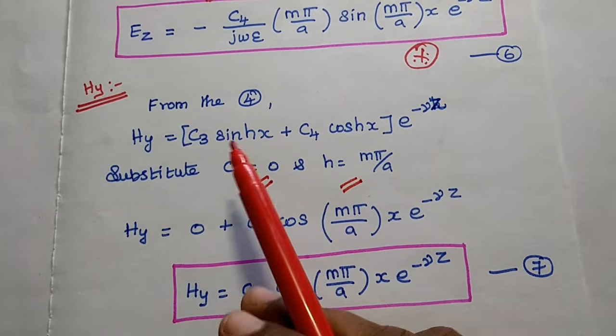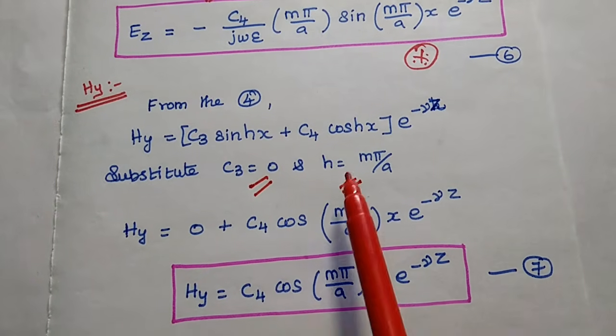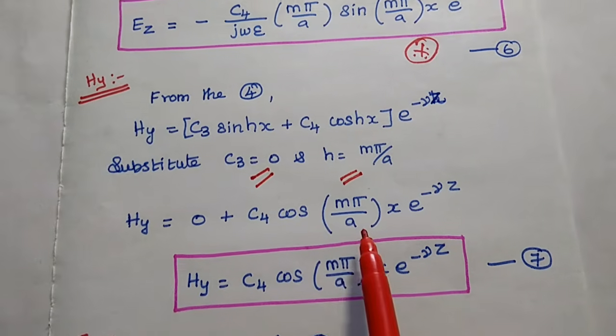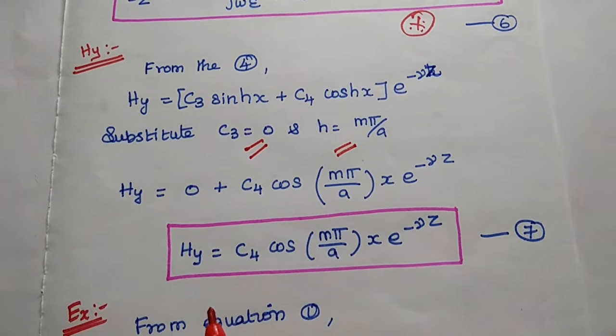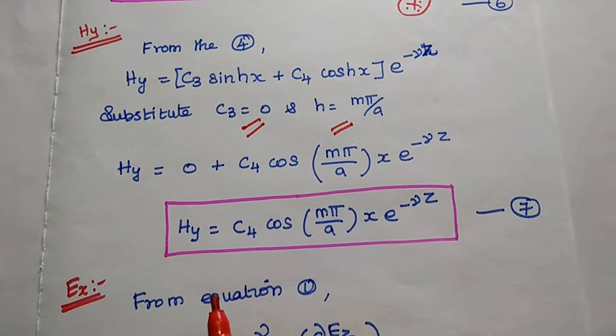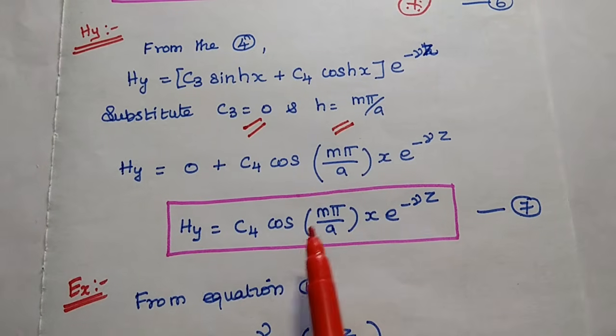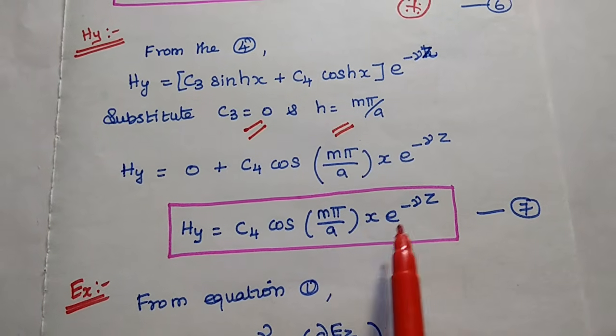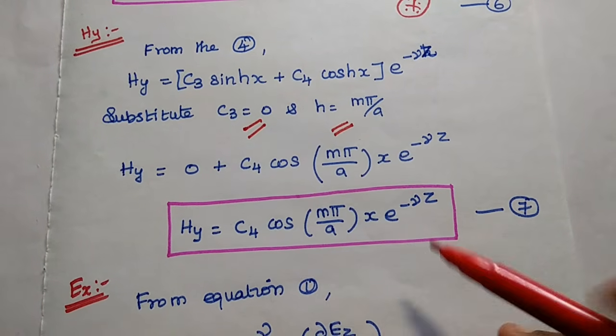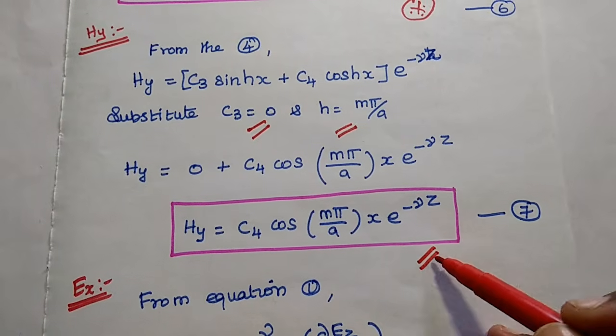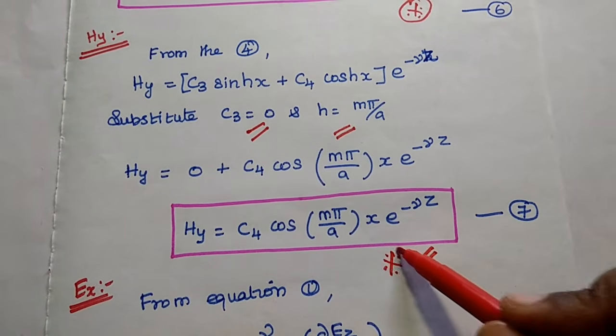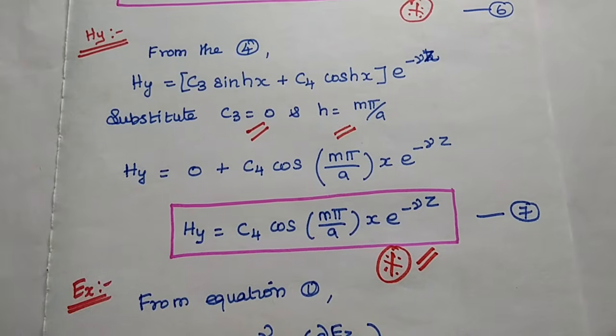Okay, then C3 is 0 and the h value is m by a. We can get the Hy component for TM waves as C4 cos of m by a x e power minus gamma z. So consider this as the seventh equation. So this is another field component of TM waves.